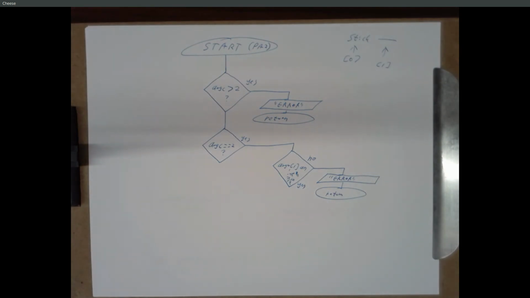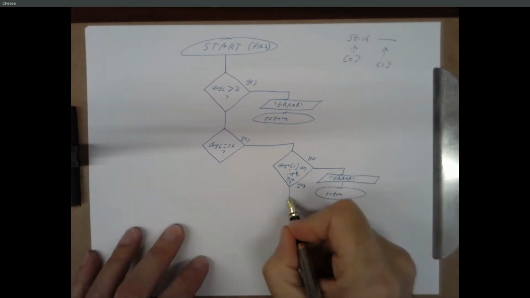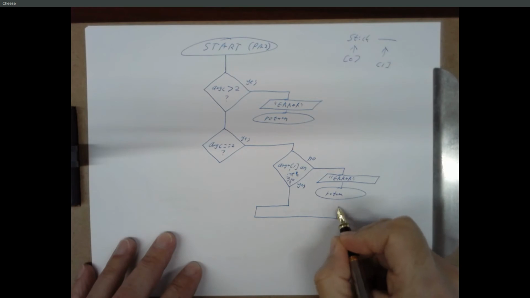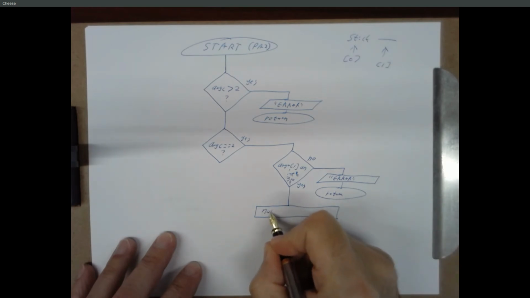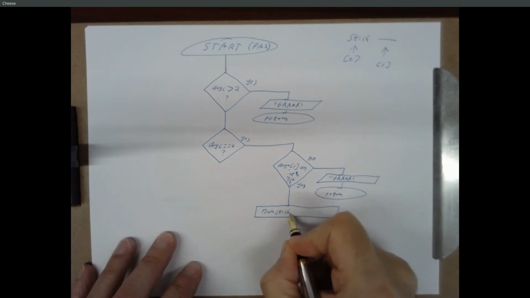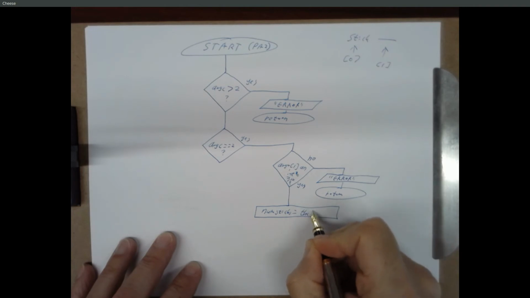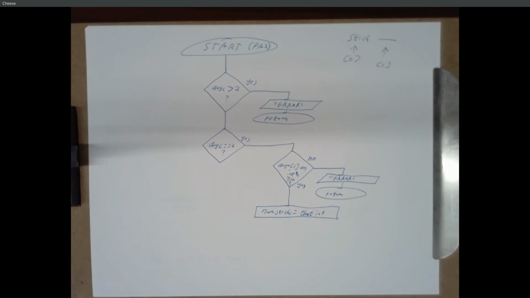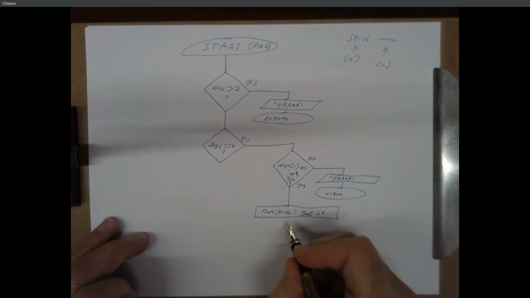Okay, if argc is equal to 2 and argv bracket 1 is a valid integer, then let's do something like numsticks equals whatever that integer was. So numsticks is going to be the variable I use in this flowchart to represent the number of sticks in the pile. Okay, it's the number of sticks we're playing with.